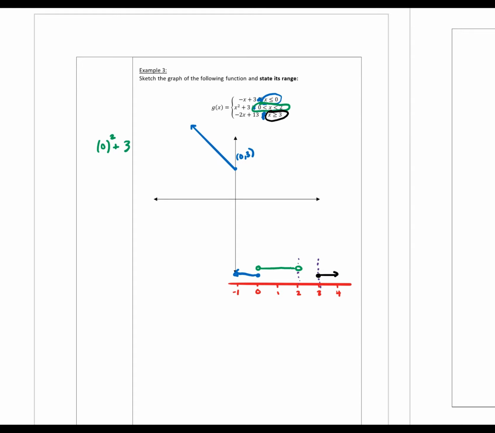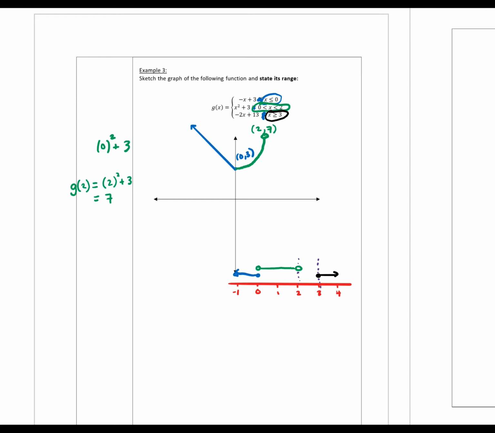So this is a parabola that will look like this, and it's going to end at an open point where x equals 2. So if I think what was g of 2, well that's going to be 2 squared plus 3, which is 7. So now I've got this point (2, 7).